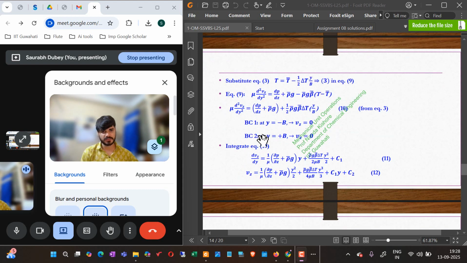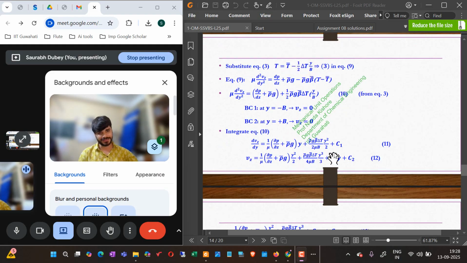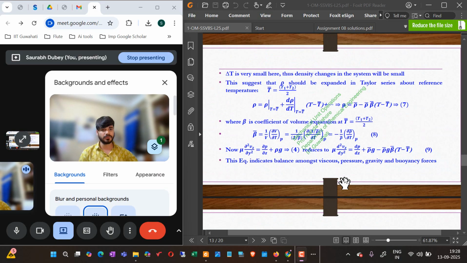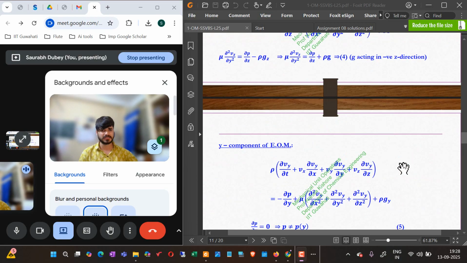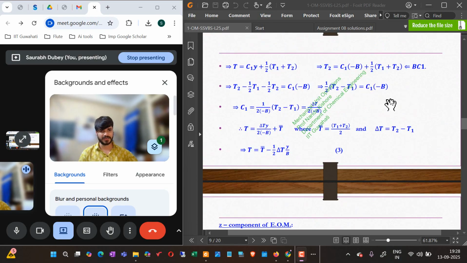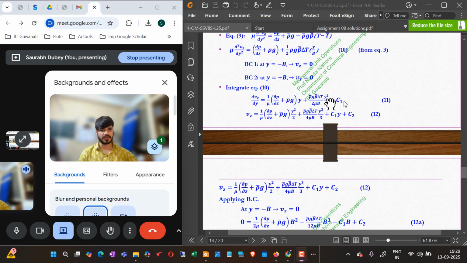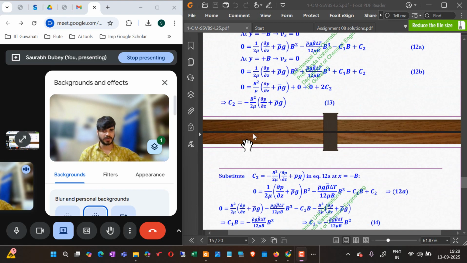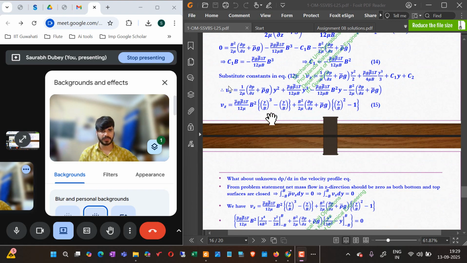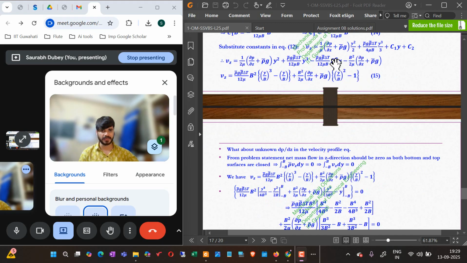Now in this expression, the boundary conditions are that the velocity is 0 on both the walls, at y equals minus B and plus B. When you solve it, again you are going to get two constants, C1 and C2, but these C1 and C2 are different from what we had before. They are just dummy constants that we are assuming, and they can be solved for under the given conditions, and you will get the final velocity expression to be like this.